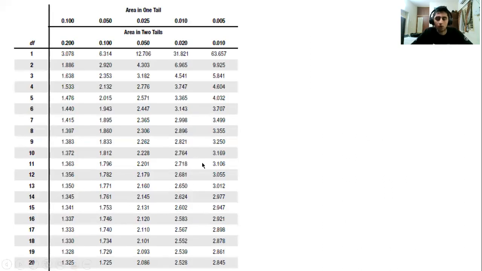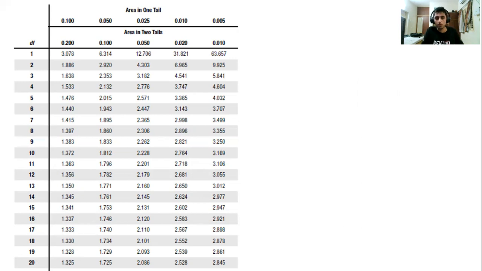Now we got the alpha value, we got the degree of freedom. How do you find out the critical t value? How do you find out the borders? You find out from this table. What the top row says is the area in one tail. One tail test or two tail test depends on the hypothesis, and Raghu would have discussed this in the video. Just have a look at it.